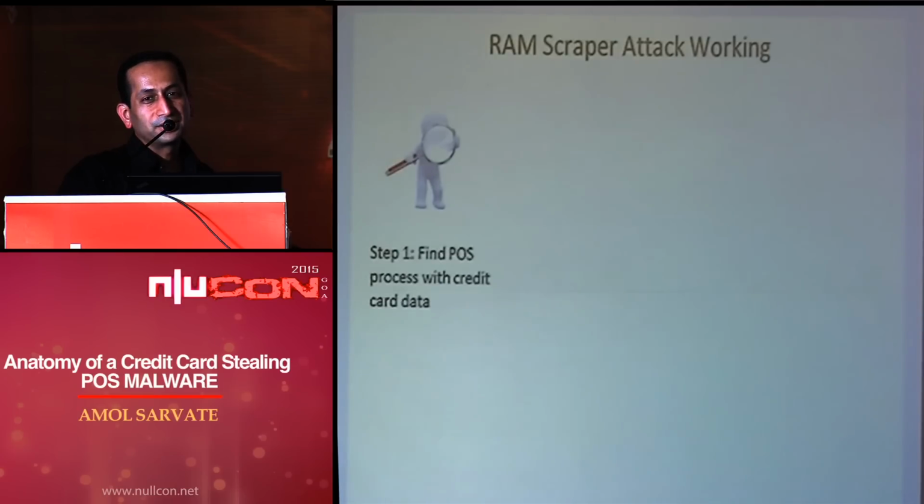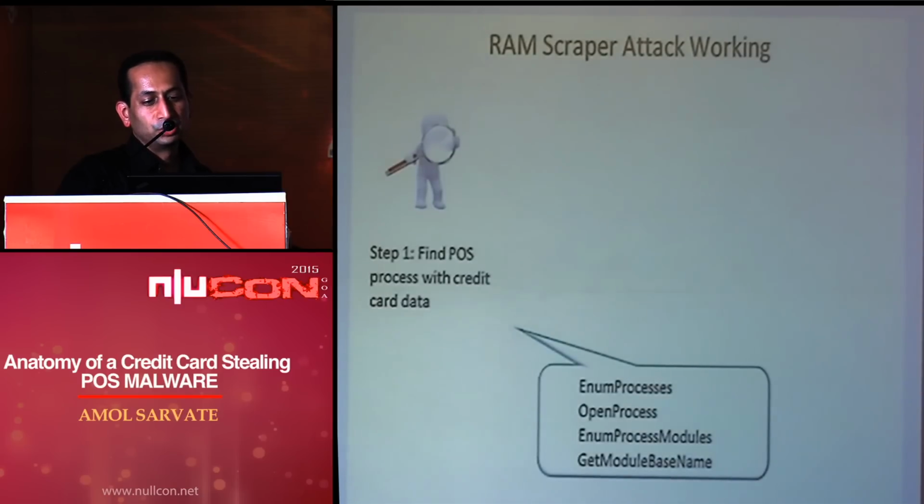To find the process, the easiest way is to take, let's say, the top 20 credit card vendors and just study their software. So you know that vendor A, B, and C, their software has this thing in the title of the window, or the Windows class that the software registers is this. There are various APIs that you can use to find processes.